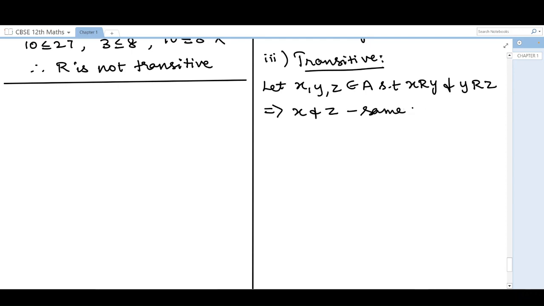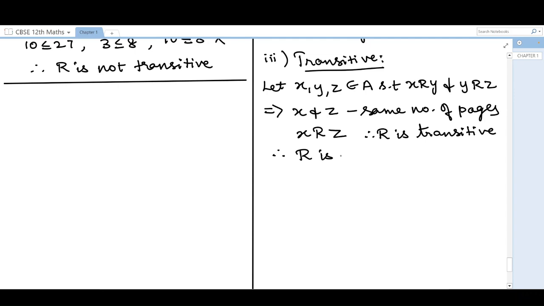So, we can say that X is related to Z. Therefore, R is transitive. Since the relation R is reflexive, symmetric and transitive, we can conclude that the relation R is an equivalence relation.